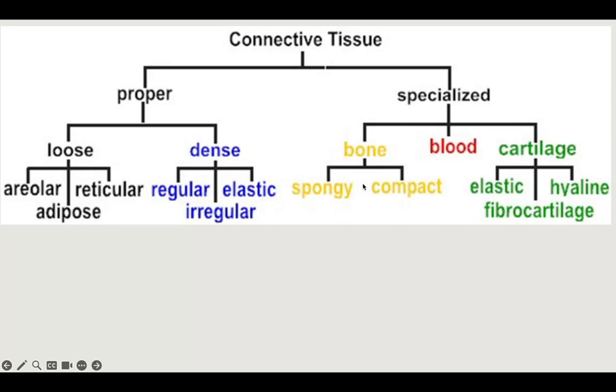Okay, and all three of these can be considered specialized. With bone, we'll look at spongy versus compact. And with cartilage, there are three different types of cartilage. So we would say elastic cartilage connective tissue, fibrocartilage connective tissue, and hyaline cartilage connective tissue. Okay.